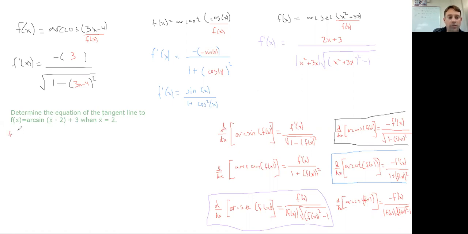If I want to know what f of 2 is, I plug it in here. So arcsine of 2 minus 2, plus 3. So f of 2 equals arcsine of 0 plus 3. Well, I'm going to have to figure out the arcsine of 0 real quickly.